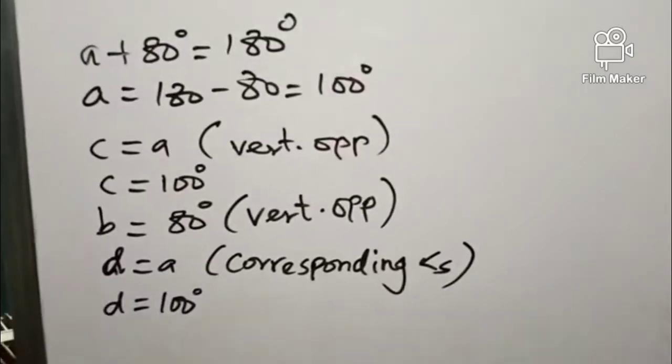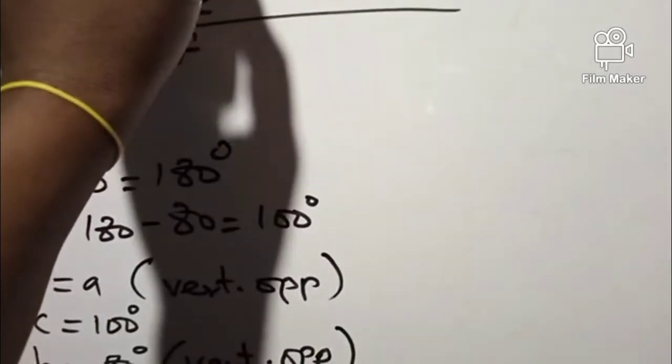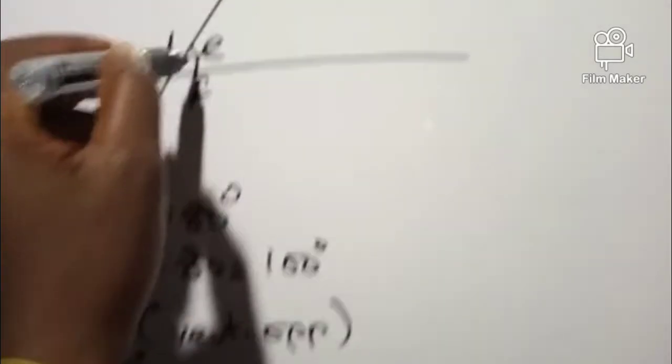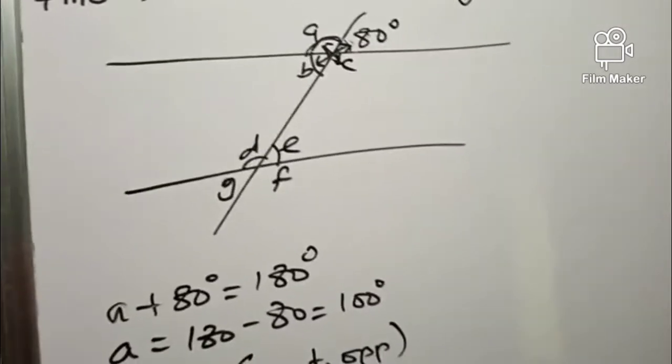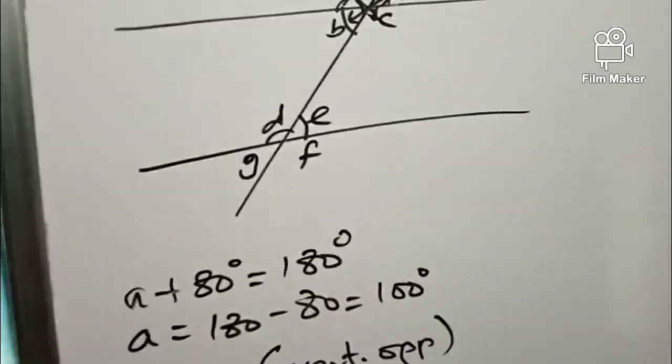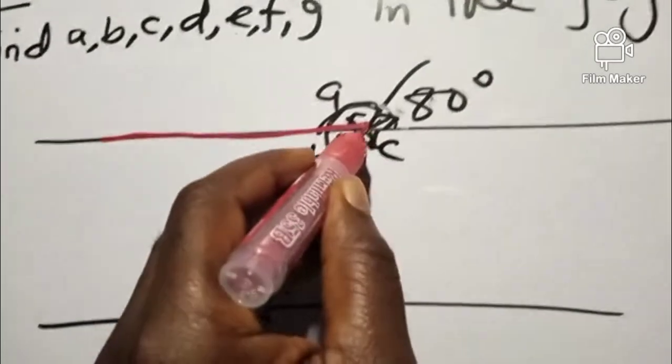So now let's look at E. E and B. This is B and this is E. Now if you look at it, you see that E and B form a Z. This is the Z. Let me trace it out.